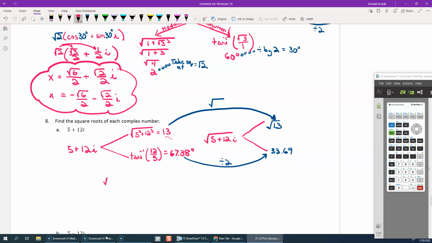Root 13 times cosine 33.69 plus sine 33.69 i. And now I'll just multiply all that out.